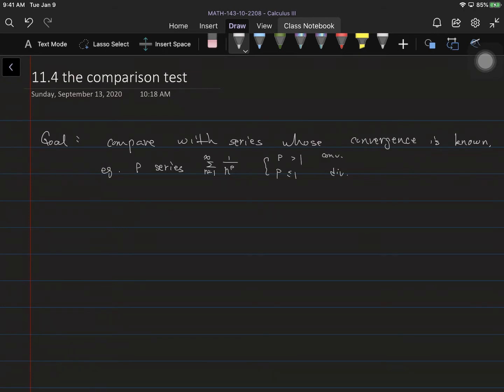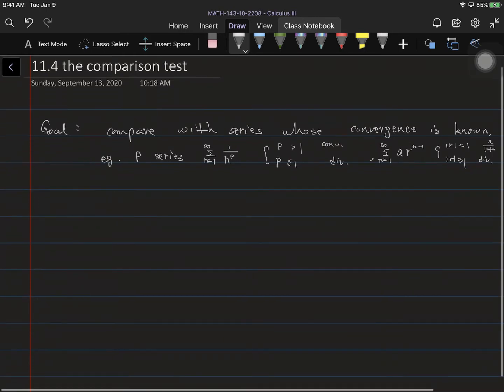And also geometric series, which is A R to the n, or n minus 1, doesn't matter, depends on n start from what, right? Something like this. And when R less than 1 converges to A over 1 minus R, R greater equal to 1 diverges. So we want to compare with those series.